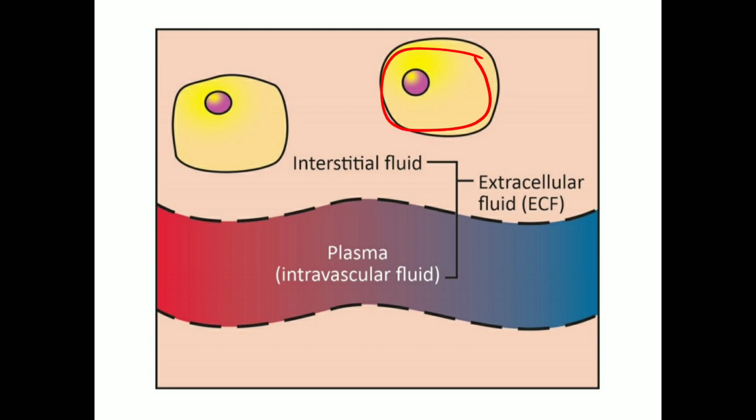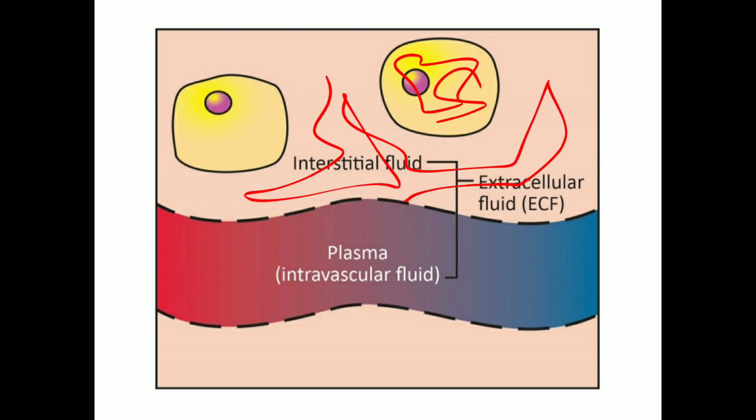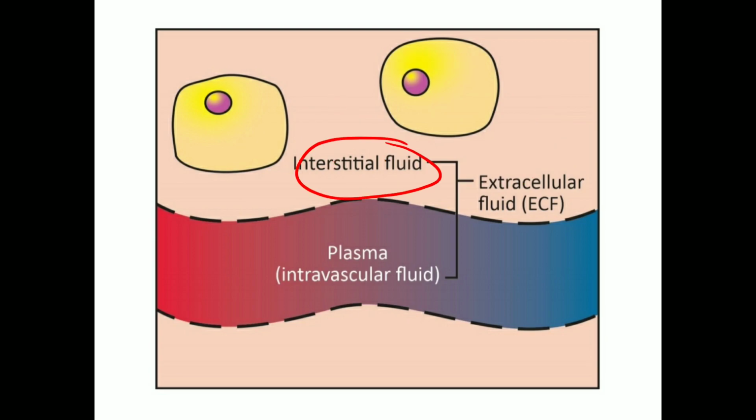This is a cell. Inner to the cell we have intracellular fluid, and outside the cell, between the cells, we have interstitial fluid. You can see that here. And this is a blood vessel, and in the blood we have plasma.